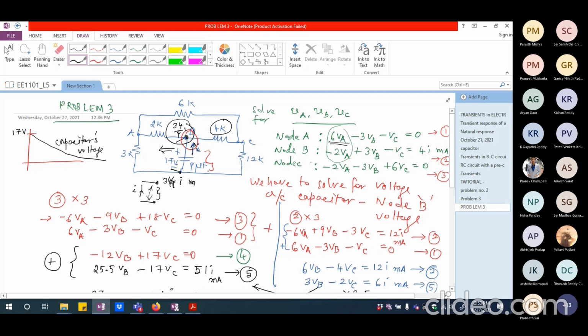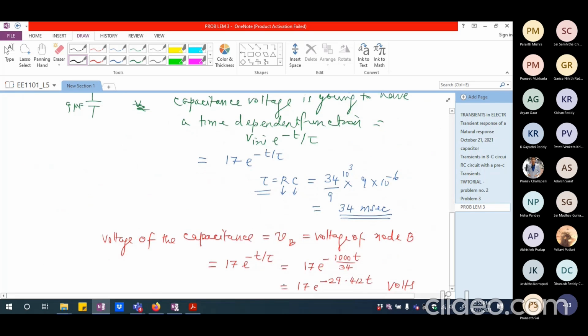When we wrote the equation itself, we just removed the K factor. K is essentially 1000. So obviously the current is going to automatically become milliampere. If you remove the kilo ohm and write that as just 6 and 5 and things like that, then the current becomes 1000th of that. You understand? So that is the reason why when we express the current in milliampere, automatically the resistance is expressed in kilo ohms, not in ohms anymore.